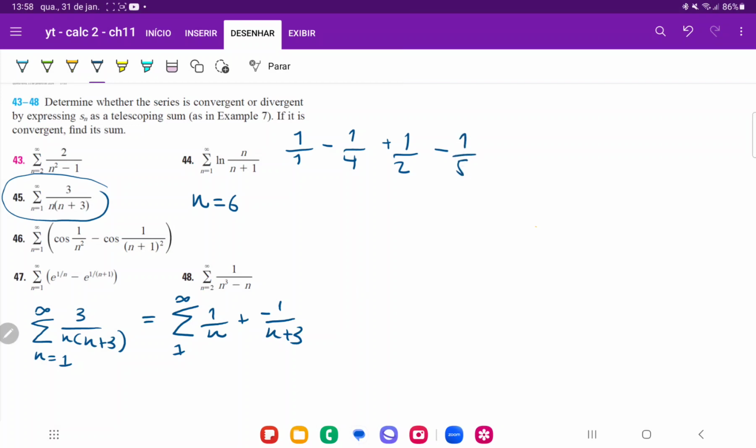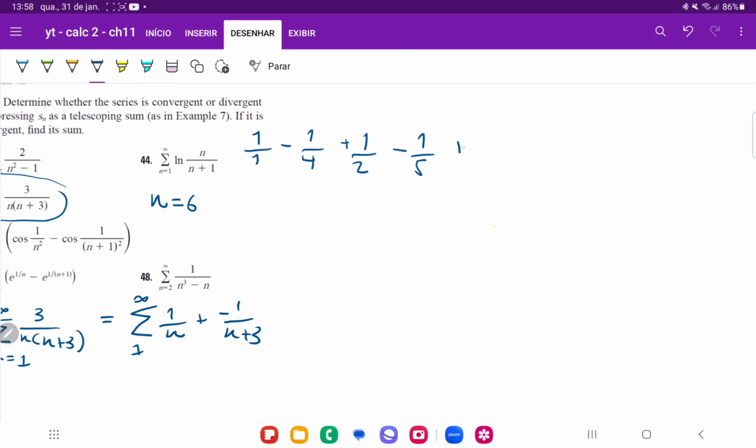So that's for n equal to 2. Let's do n equal to 3, so plus 1 over 3, and then minus 1 over (3 + 3), so minus 1 over 6. And then n equal to 4, so 1 over 4, minus 1 over (4 + 3), so minus 1 over 7. So that was n equal to 4.